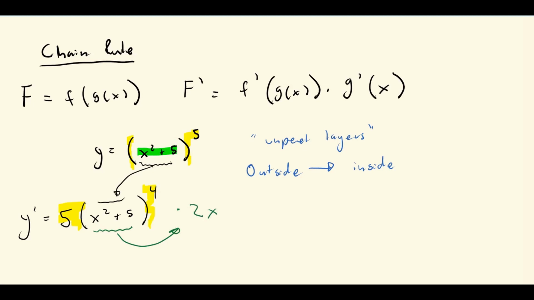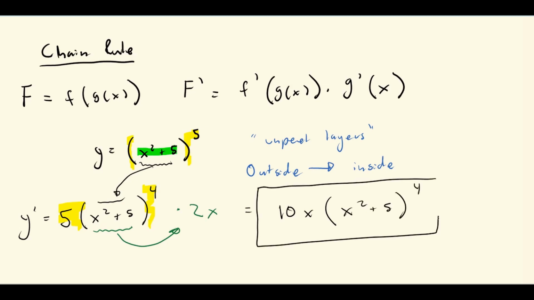And then we can rewrite this a little bit better. We're going to say that this is equal to 10x times x squared plus 5 to the 4th power. And this is the simplified derivative.